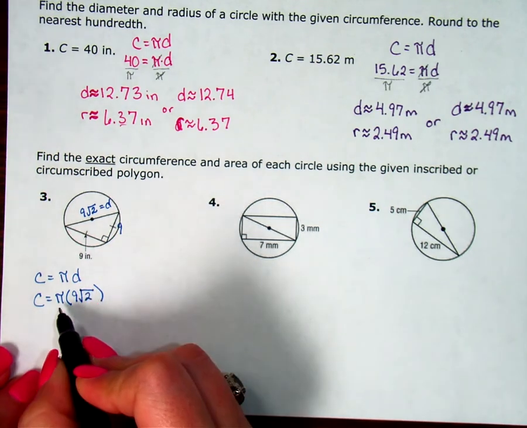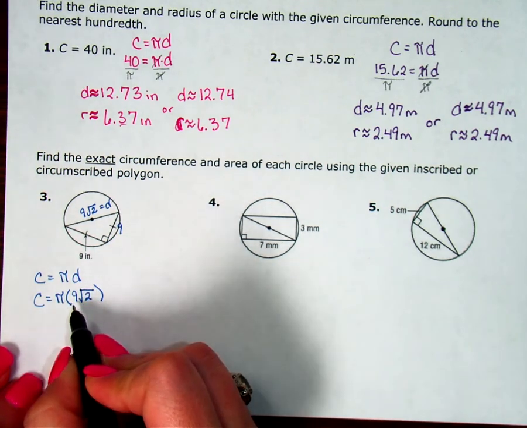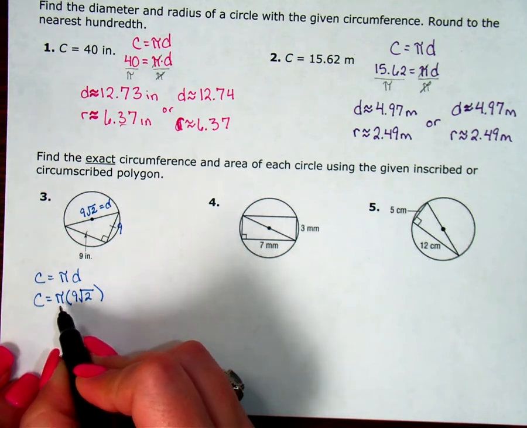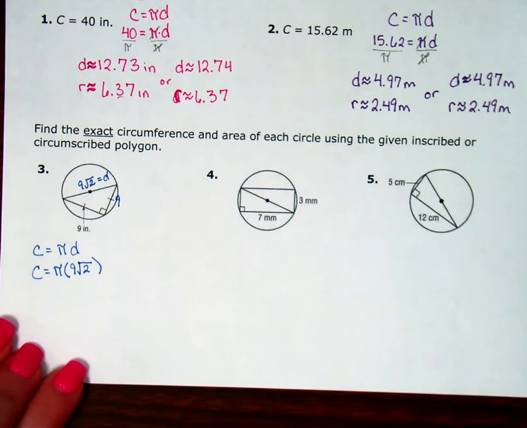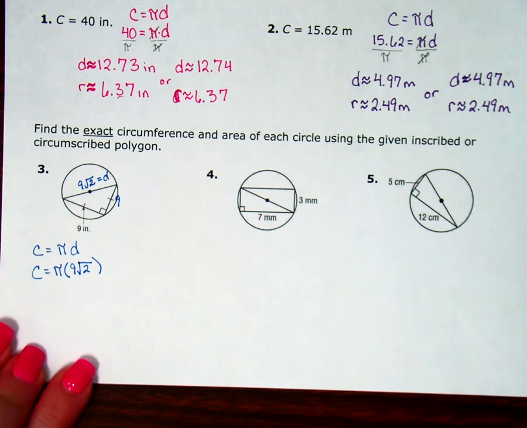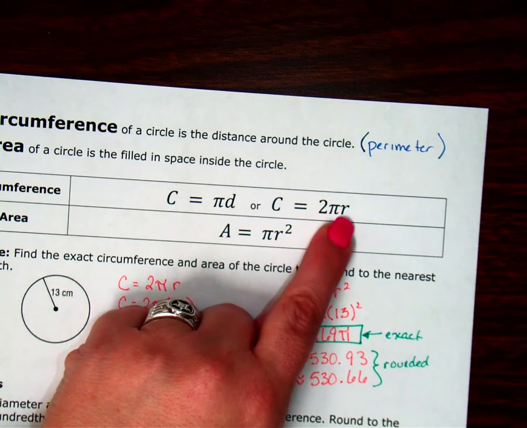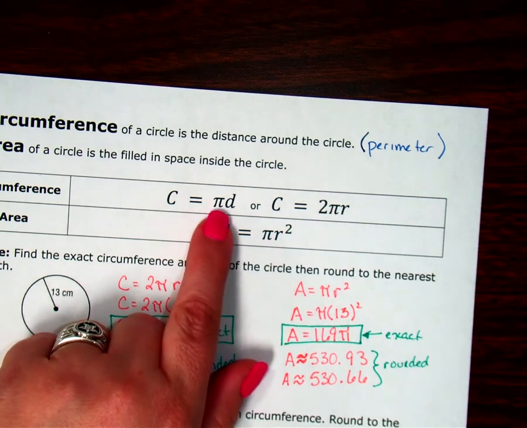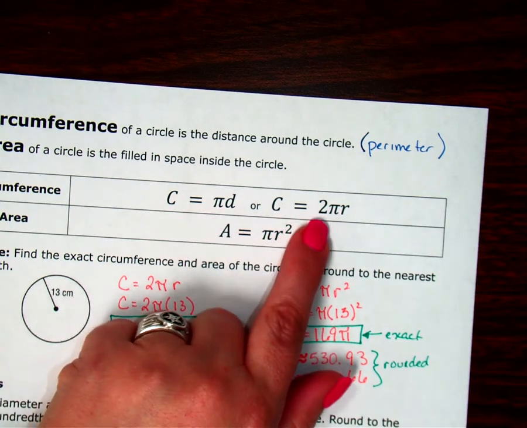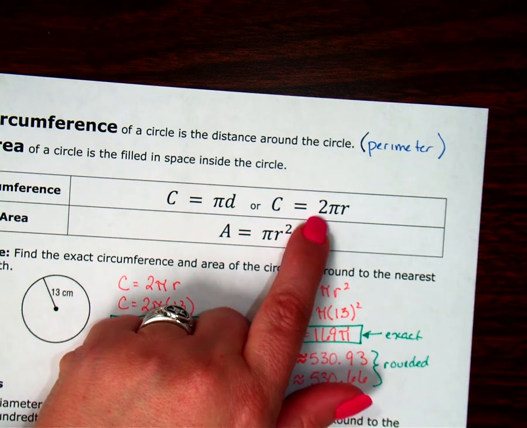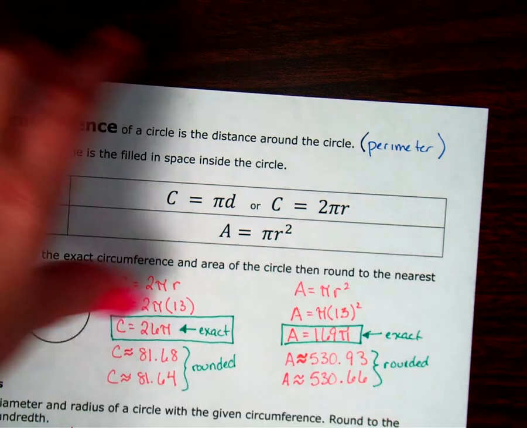So it's pi times 9 times the square root of 2. So really I have 3 things being multiplied. Remember when we talked in the last video about the order that we write things in? Up here I had 2 pi r and then pi d. And notice we said the number is always going to go in front, and then I said a square root would always go at the end.